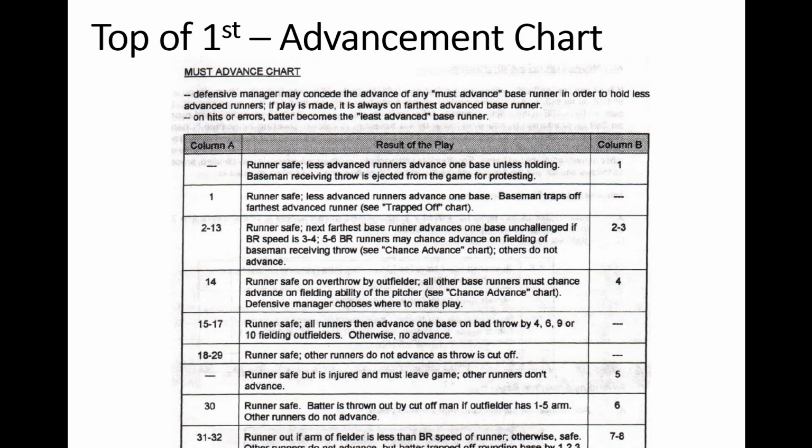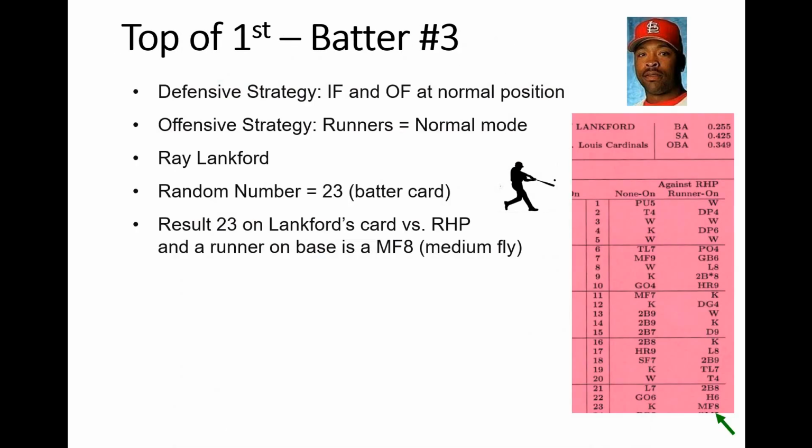Here's that advancement chart I was talking about: column A is on the left, column B is on the right, and as I understand it, the must advance is on the left, and any may advance is on the right. Okay, so we have second and third.